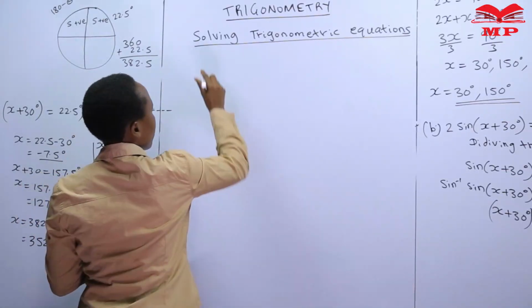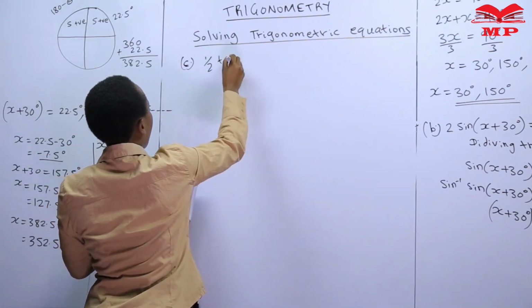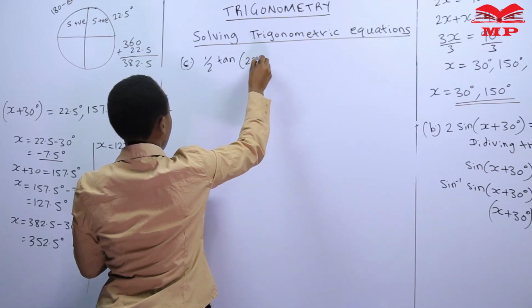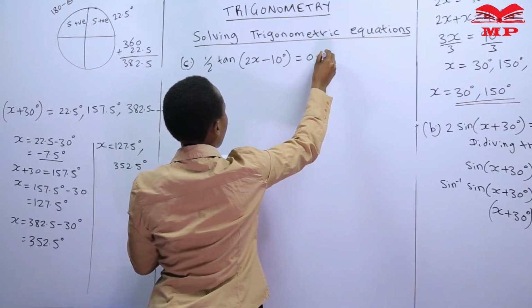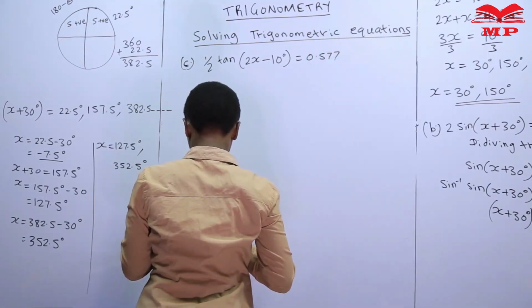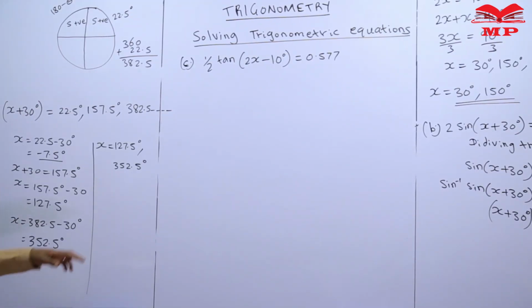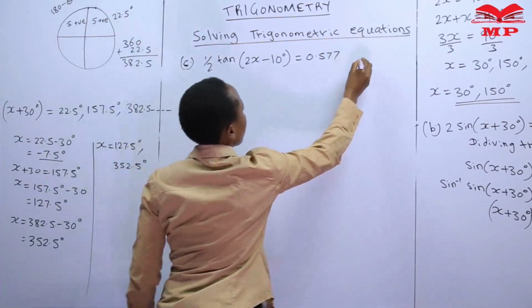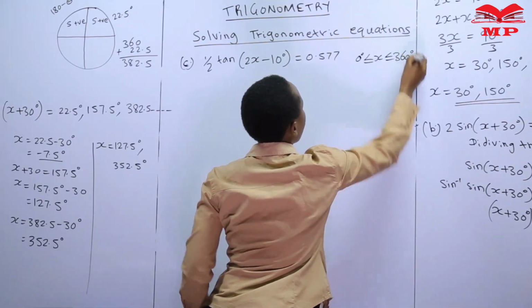In this one, part C, we have a half tan 2x minus 10 degrees equal to 0.577. Therefore we require the values of x within the range we have been given, from 0 degrees up to 360 degrees.